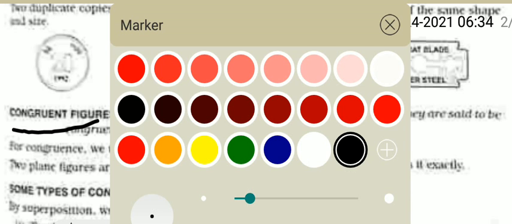For congruence, we use this symbol. This symbol has to be used for congruence. Clear?